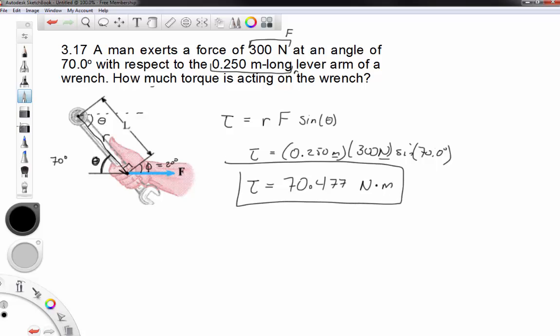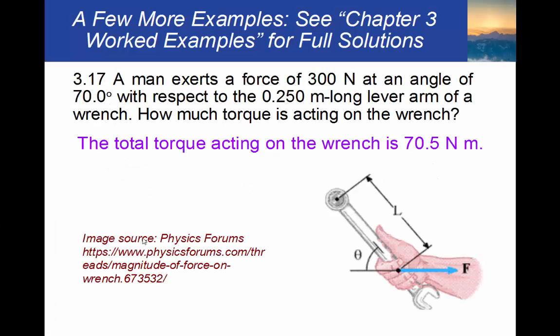So that is how much torque is being applied to the wrench.